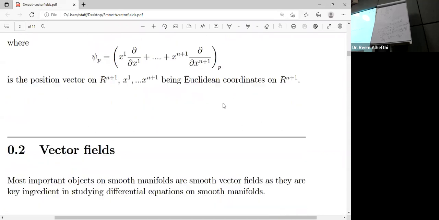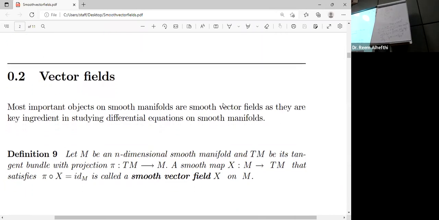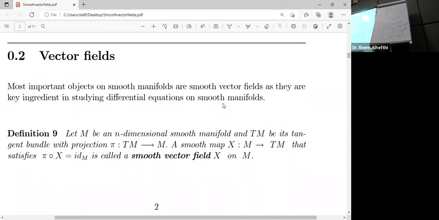But the tangent bundle is a tool which we are going to use for a very important notion, and that notion is the next section, vector fields. As all the analysts sitting here know, doing global analysis, especially partial differential equations, and even hydrodynamics and the theory of relativity, all these subjects need smooth vector fields.